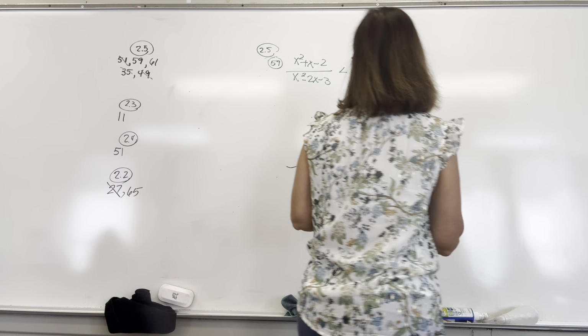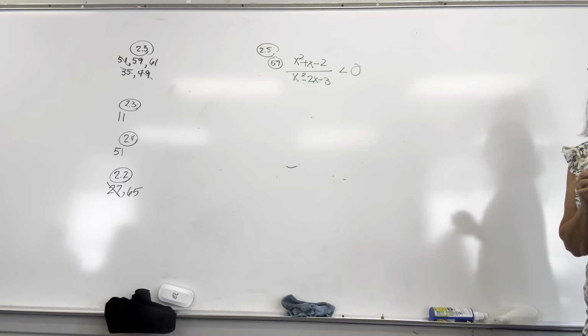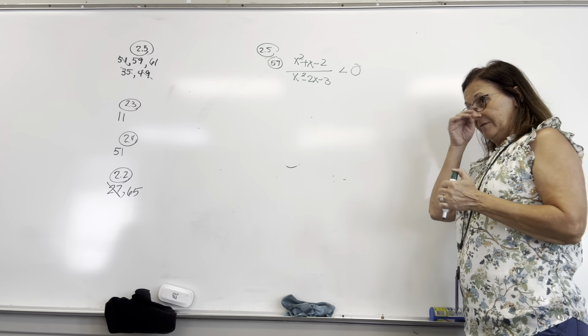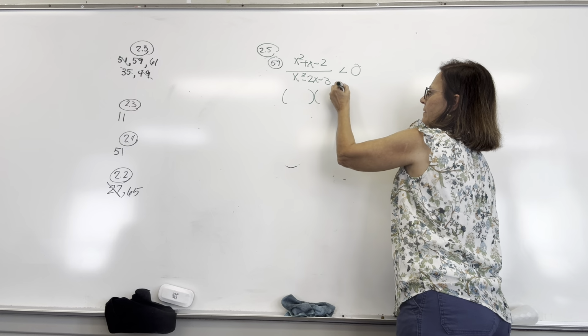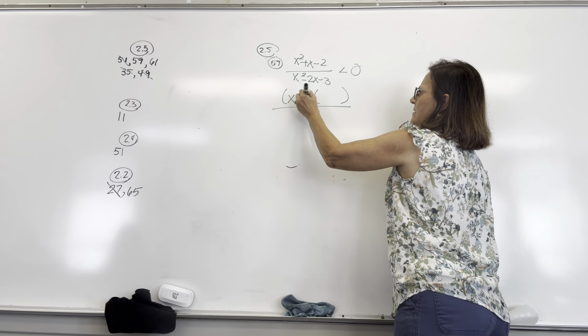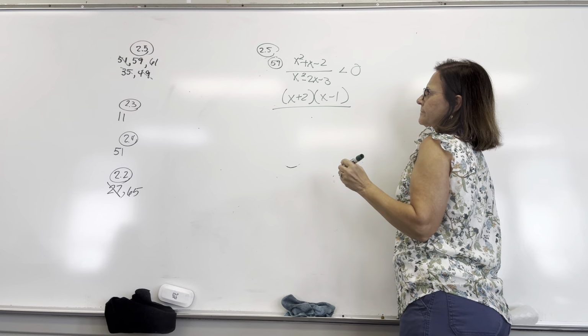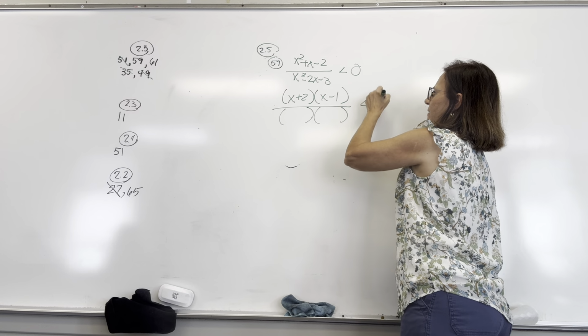I'm going to factor both the numerator and the denominator, because that will tell me. What's the numerator factored? x plus 2, x minus 1. Yes. And the denominator factors.